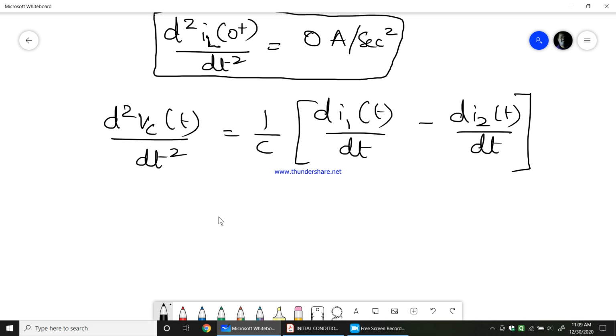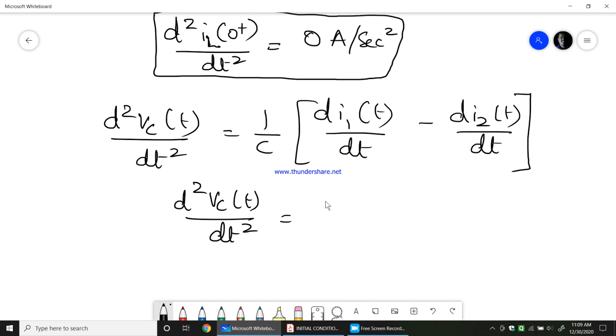As we know that I1 and I2 are equal, then the differentiation of I1 and I2 is also equal.